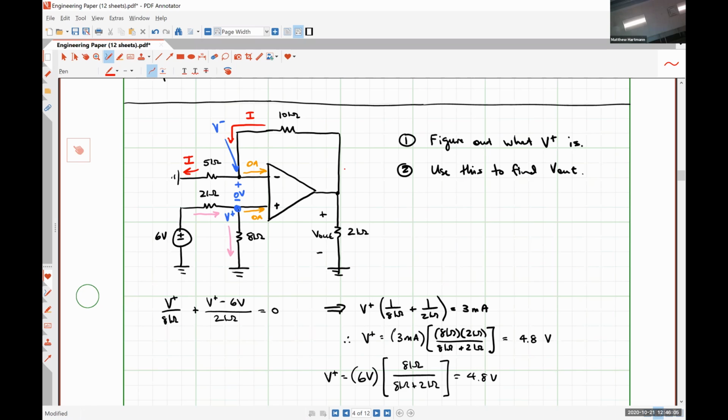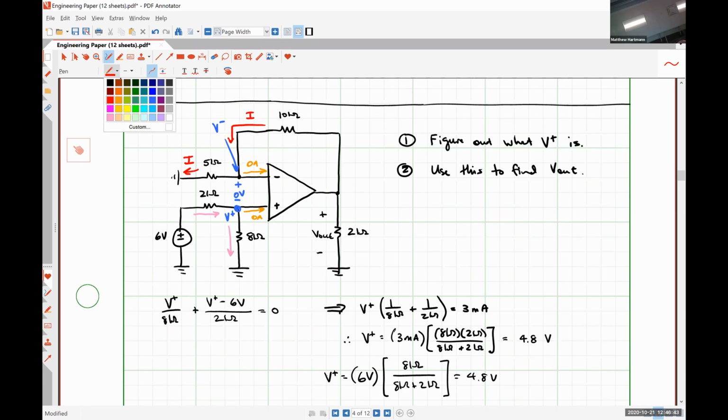And I could have just as easily drawn my arrows the other way and said that the current flowing through the 5 kilo ohm resistor can't branch off, so all of it flows through the 10 kilo ohm resistor. I'm choosing the direction to the left here purely because my voltage V minus has a positive value, right? If we apply op amp rule number 2, we know that that voltage is exactly equal to 4.8 volts. And so I know that there's a 4.8 volt drop over my 5 kilo ohm resistor, and the current should be flowing towards ground. That's literally the only reason I chose that direction. You could choose the other direction and everything would work out perfectly the same.